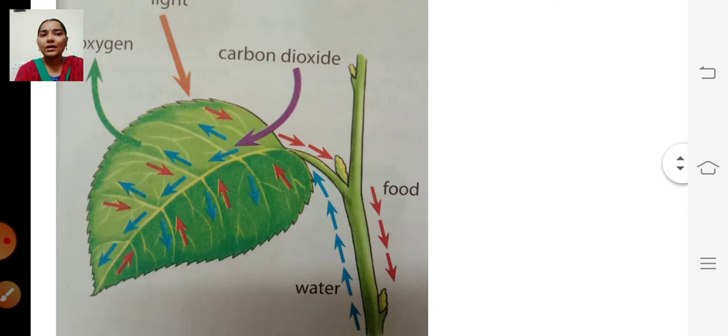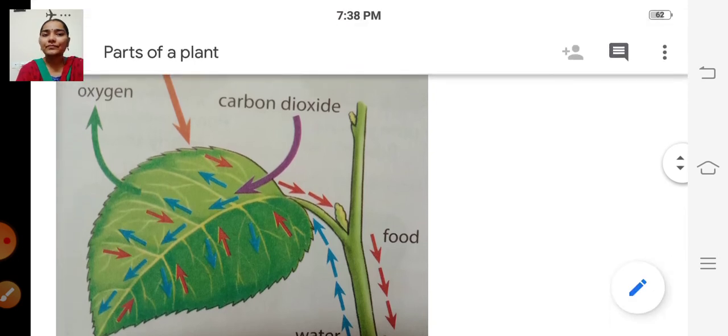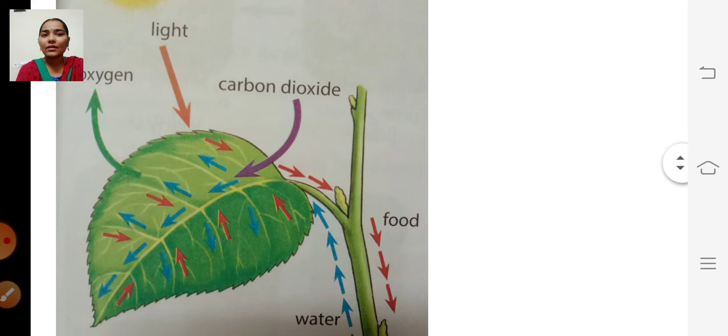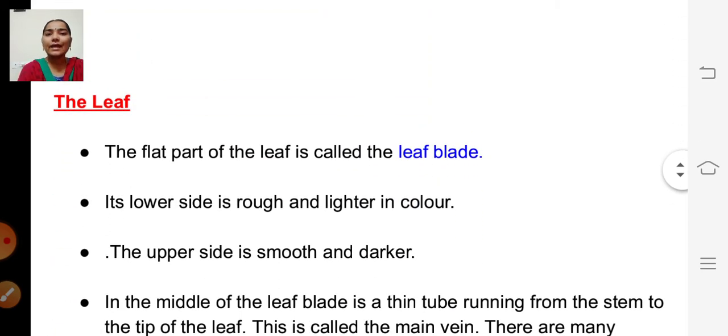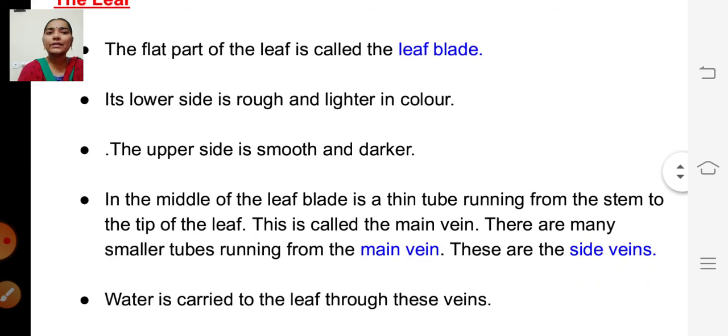And this is the picture of a leaf. The flat part of the leaf is called the leaf blade. Its lower side is rougher and lighter in color. The upper side is smooth and darker. In the middle of the leaf blade is a thin tube running from the stem to the tip of the leaf.